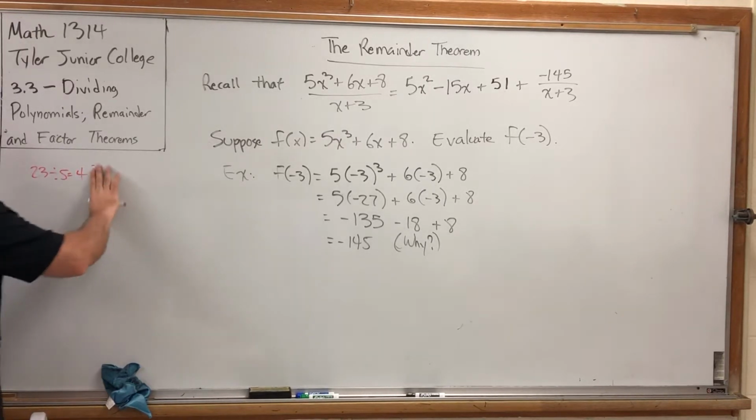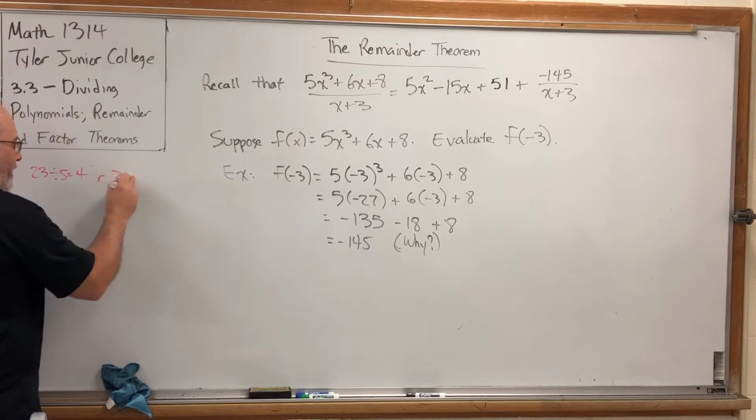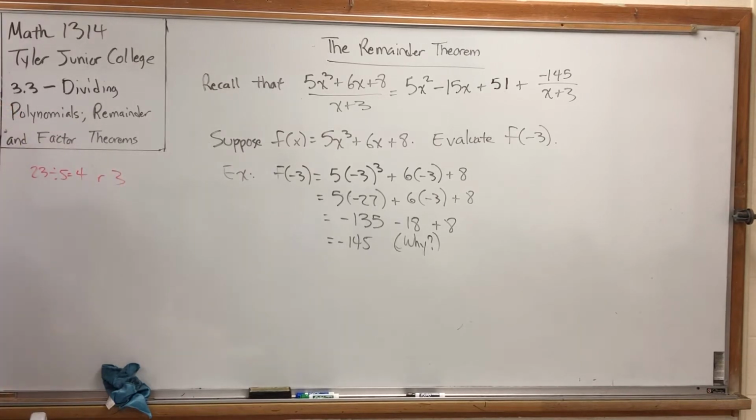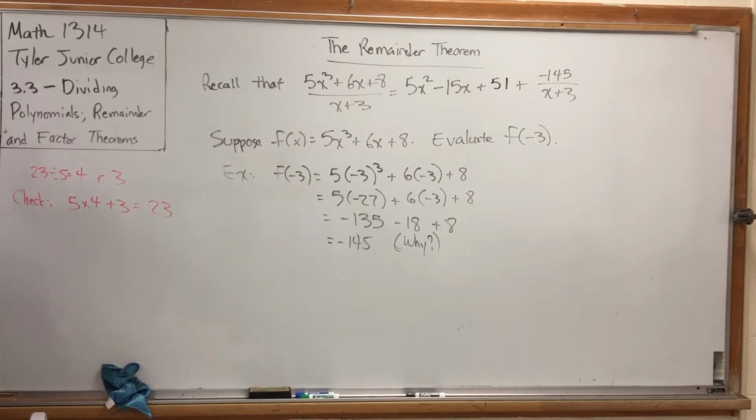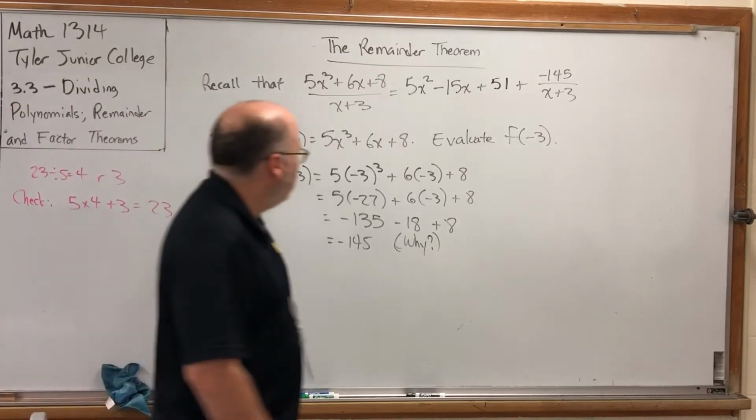Or let's just say 4 remainder 3. I know that's not the way we're writing remainders, but let's say that it is. How can we check that the correct answer to this problem is 4 remainder 3? You check by multiplying what you divided by times your quotient and then adding the remainder. So 5 times 4 gives me 20, plus the 3 gives me the 23 back in return.